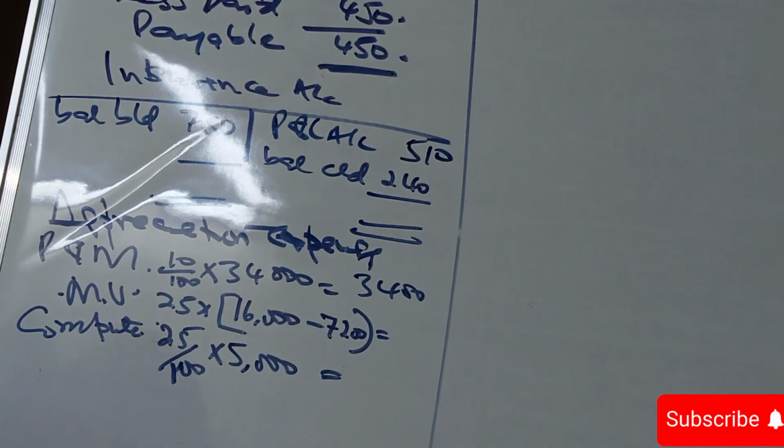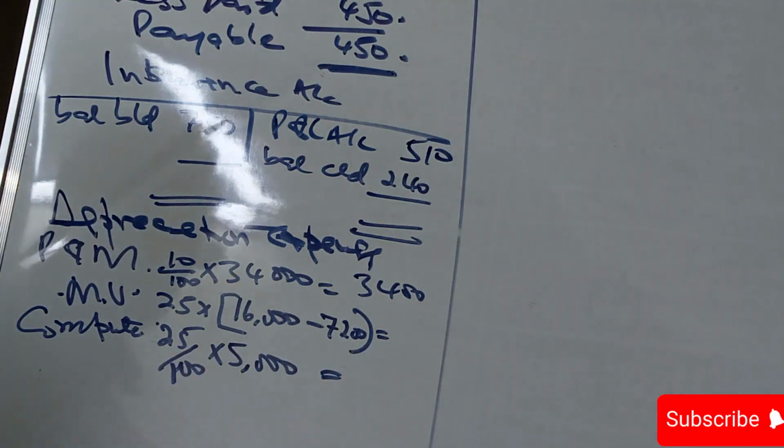But 16,000 minus 7,200 times 0.2, we get 1,760.